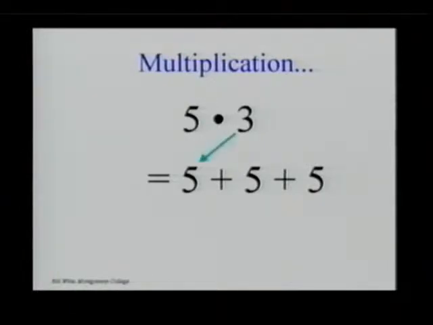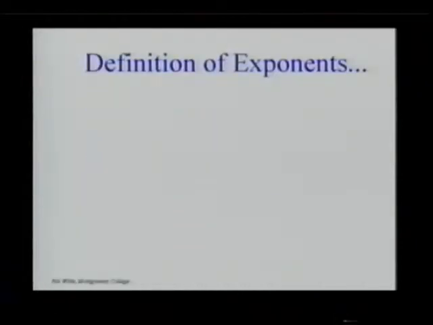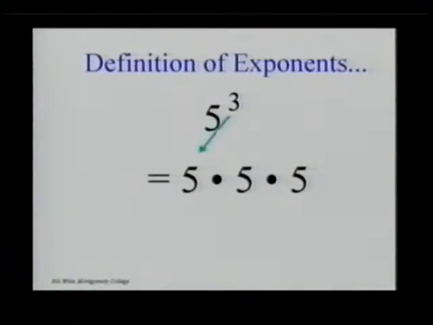It's really multiple addition, hence the 15. But when we talk about exponents, 5 not times 3, but 5 to the 3rd power, we still have 3 5s, but they're not added. Remember that they're multiplied. That's what the exponents mean.